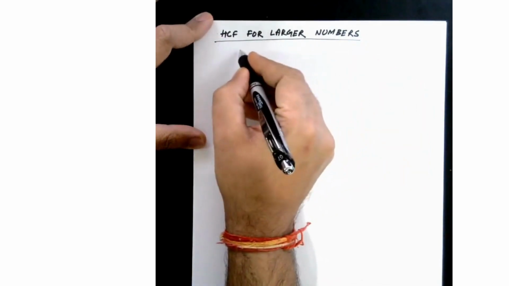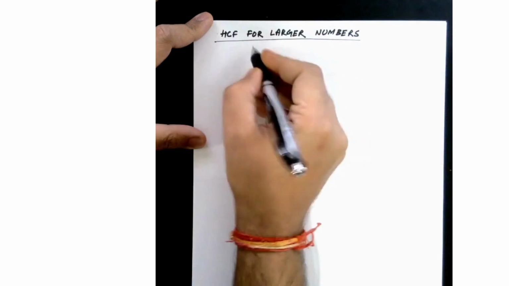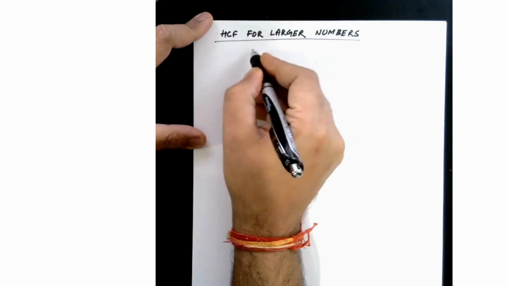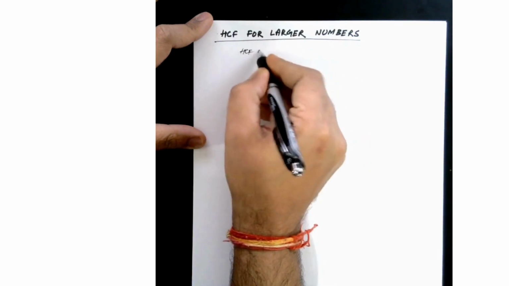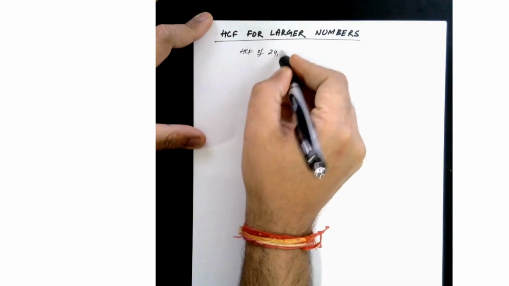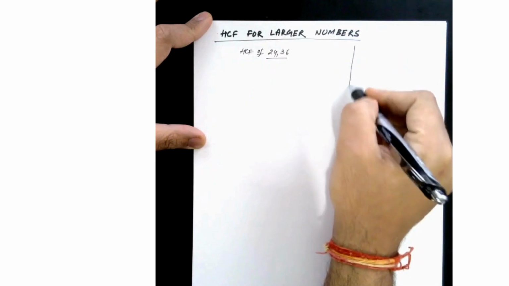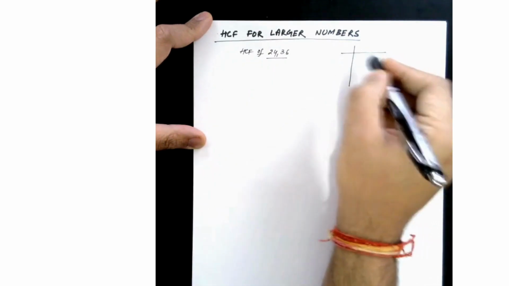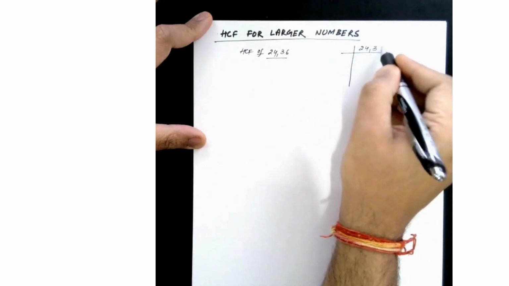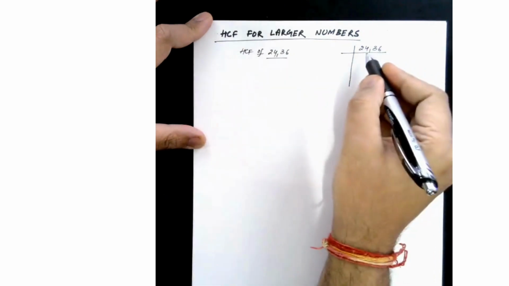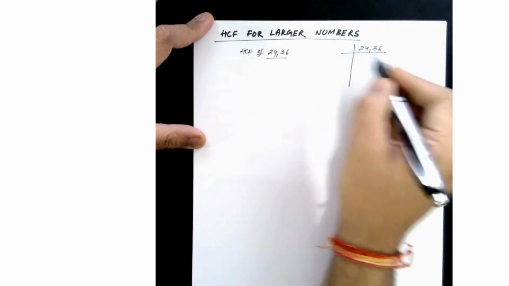Basically, we take the earlier example. We want to find the HCF of 24 and 36, for example. So in this method what we do is we keep both numbers like this, and we divide them with the common prime number.